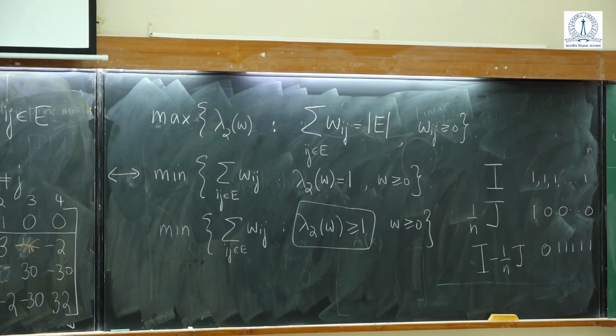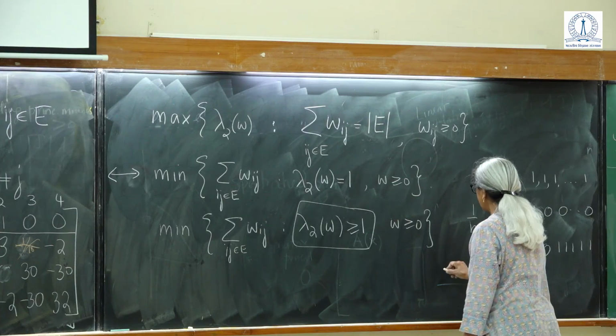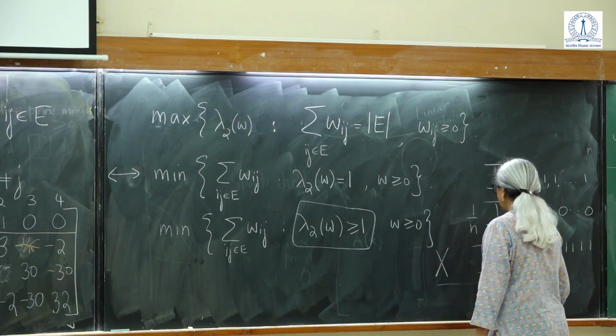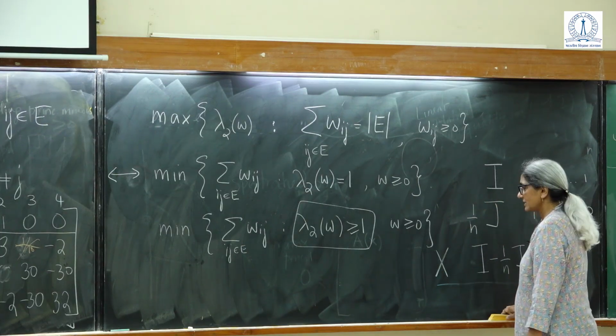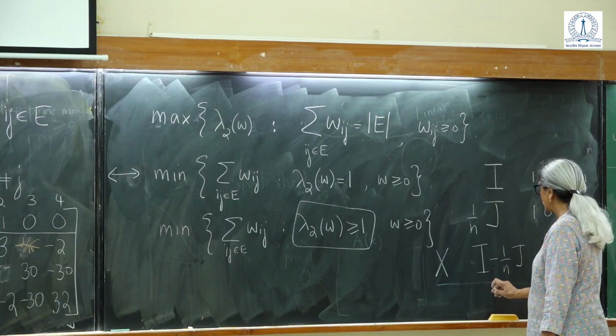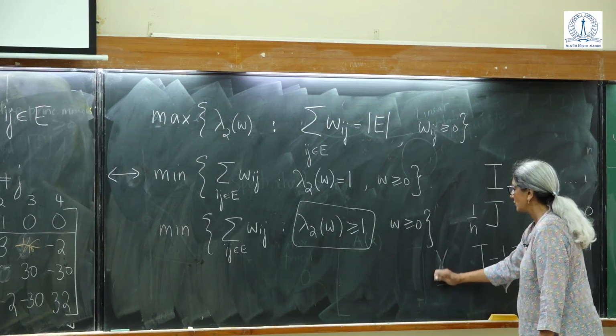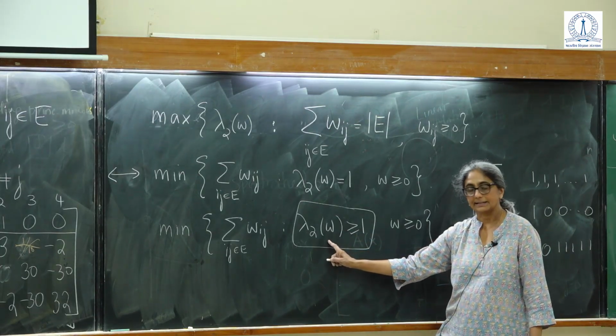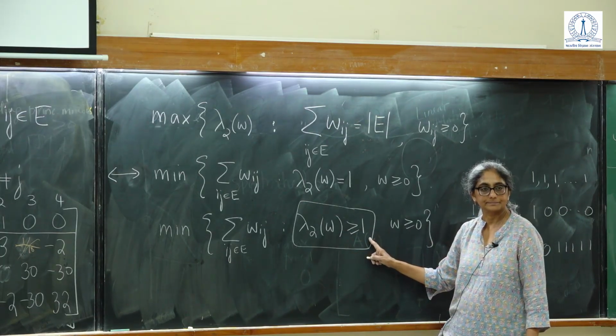So if I have a matrix, any matrix, let's call it X, there's a little bit I have to do. I want to make sure that lambda 2, the second eigenvalue of the Laplacian, is at least 1.